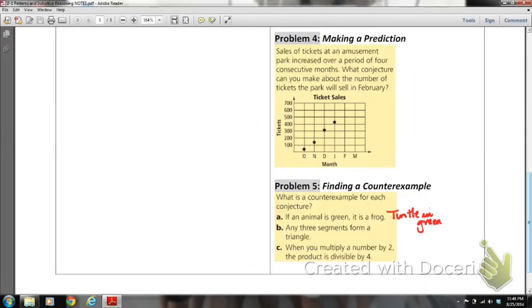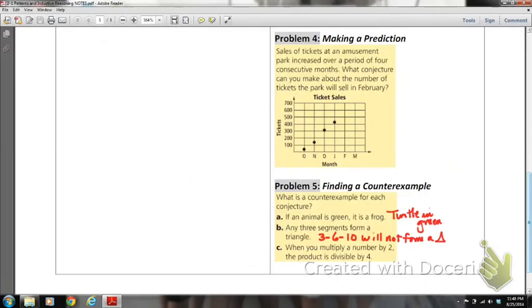B states that any three segments form a triangle. Well, there are lots of examples that we can come up with where that's not true. So let's just think of one. One would be if one side of the triangle is 3, another side is 6, and the other side is 10. That will not form a triangle.